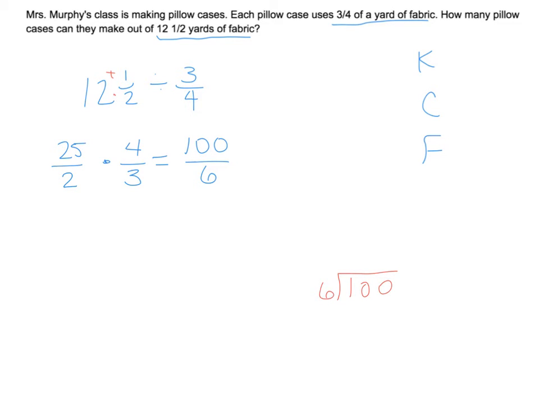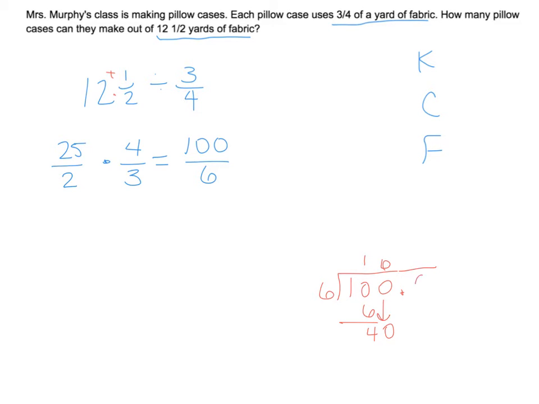So let's see how many times 6 goes into 100, or how many times 6 goes into 10, really, which is once. 6 times 1 is just 6. That gives me 4. If I bring down that 0, 6 goes into 40 6 times.